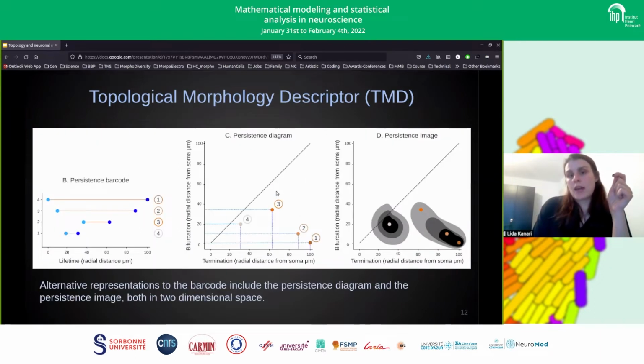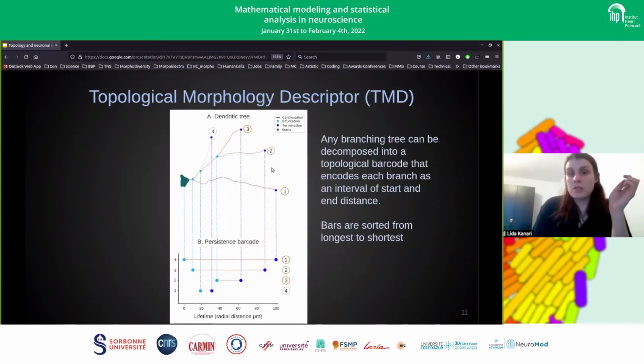If you take any two of these tips of the tree and you follow them back towards the root, at each bifurcation point, you check between the two points, for example 2 and 3, which one has the largest radial distance? 2 is further away from the soma, so 2 persists, and 3 creates one bar here in the persistence barcode. So this way, we can follow back all the terminal points of the tree until we reach the root, which is the soma of the neuron.